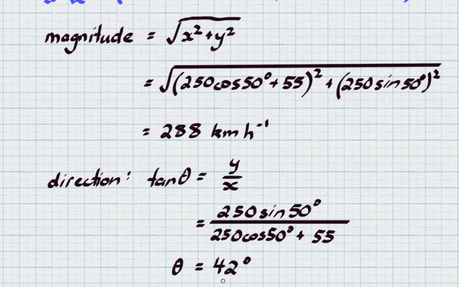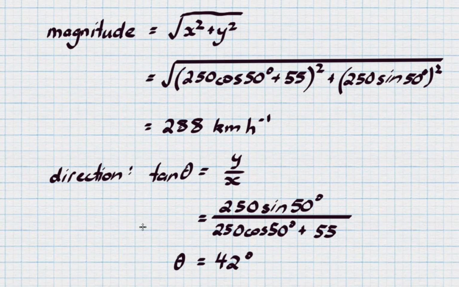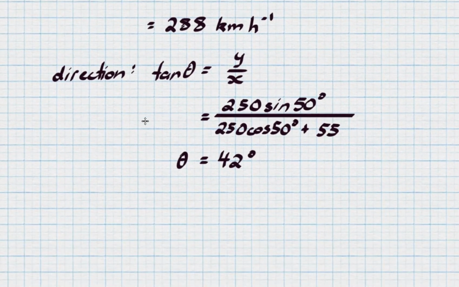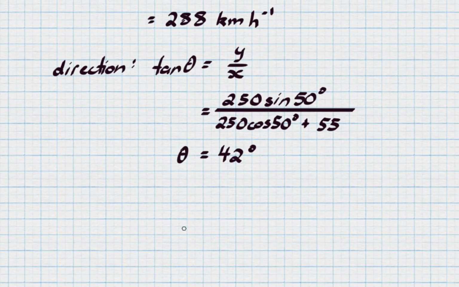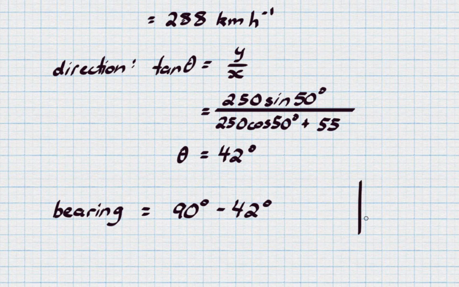But remember what the question actually asked us. It didn't ask us for the direction as such in terms of vectors, but rather it asked for the bearing. And so we need to remember that the bearing starts from true north, right? So it's going to be the complementary angle. So 42 is in here.